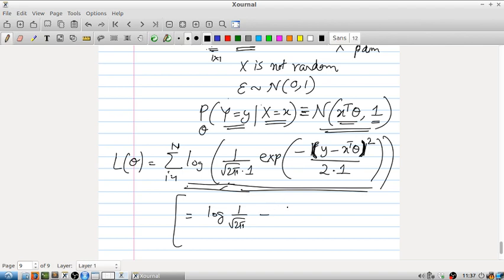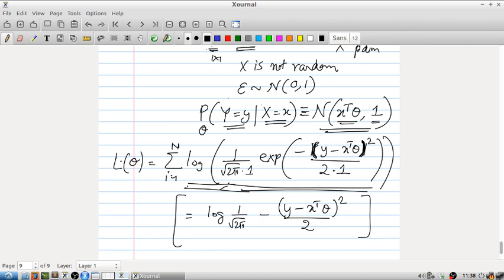So that's minus (y minus x transpose theta) square divided by 2. Okay. So the log of this entire thing inside the bracket is just this. Any confusion here? Yeah. Which step? This from here to here?